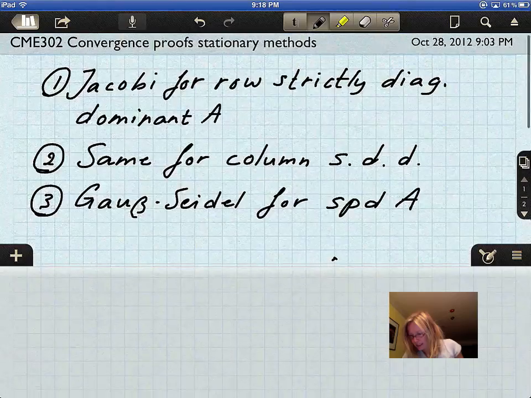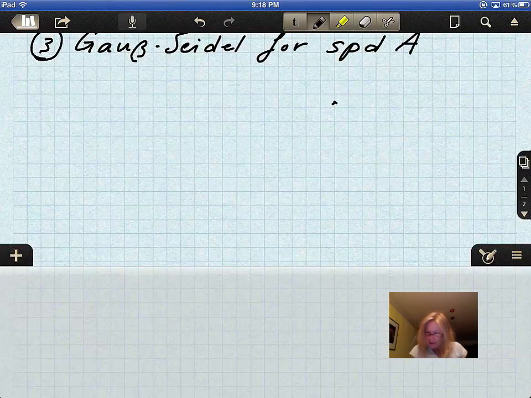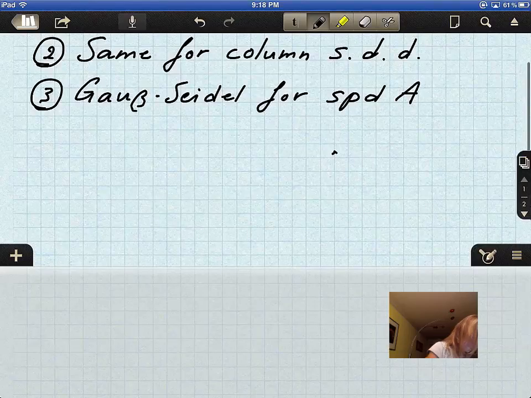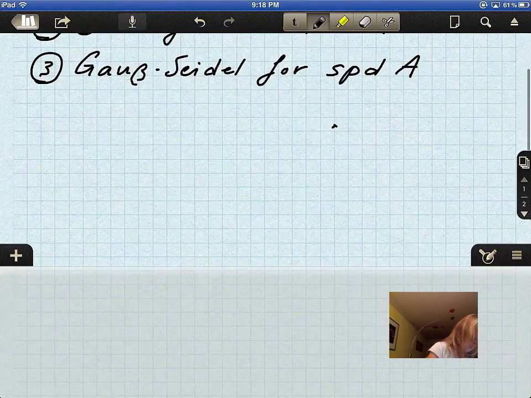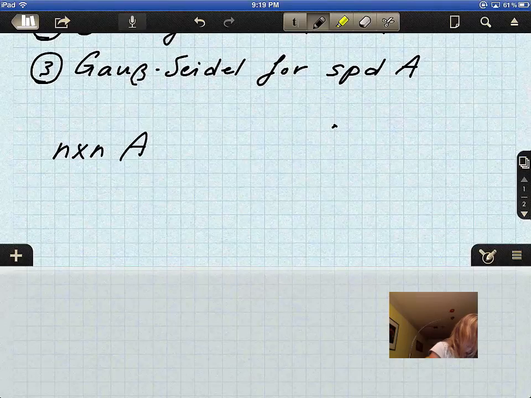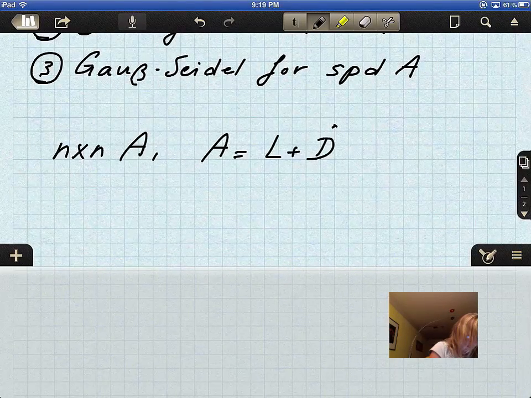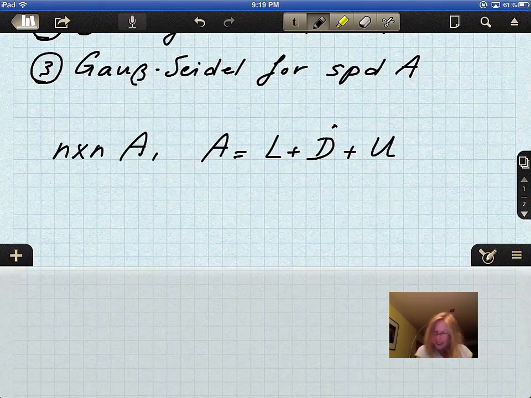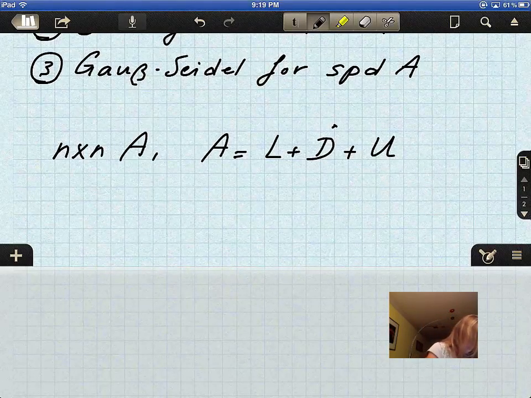Okay, so let's see. We have an n by n matrix A. We write A as L plus D plus U, just like we did in class. And then we take M equal to D, right?